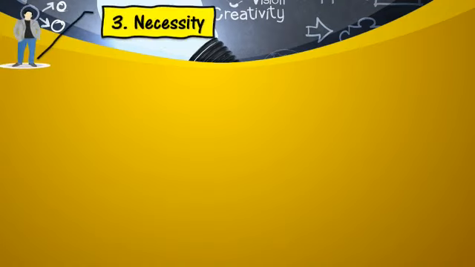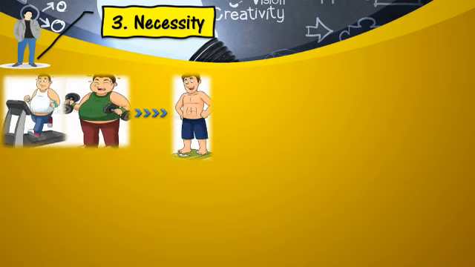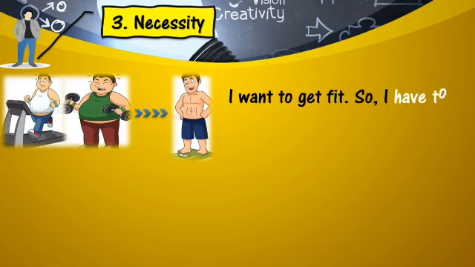Function number 3 is necessity. This is a situation when it is necessary for us to do something. An example is, I want to get fit, so I have to exercise every day.